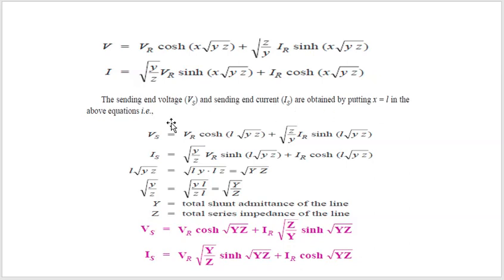Now these equations will be Vs is equal to Vr cosh(L√(yz)) plus √(z/y) Ir into sinh(L√(yz)). And in the same way, this current equation, the sending end current, and this will be the sending end voltage.